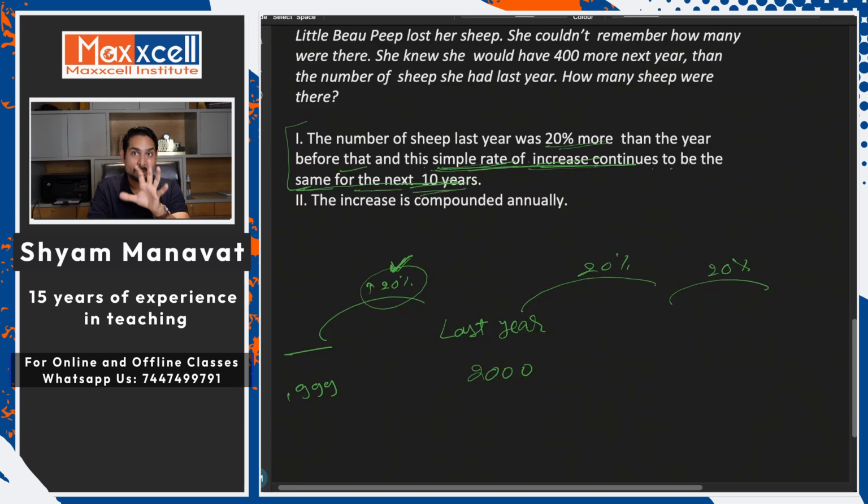We will not be able to answer the question only with statement number 1. I'll tell you why. Here the simple rate of increase will continue for next 10 years, but whether this 20% is compounded half yearly, quarterly, you have no idea.